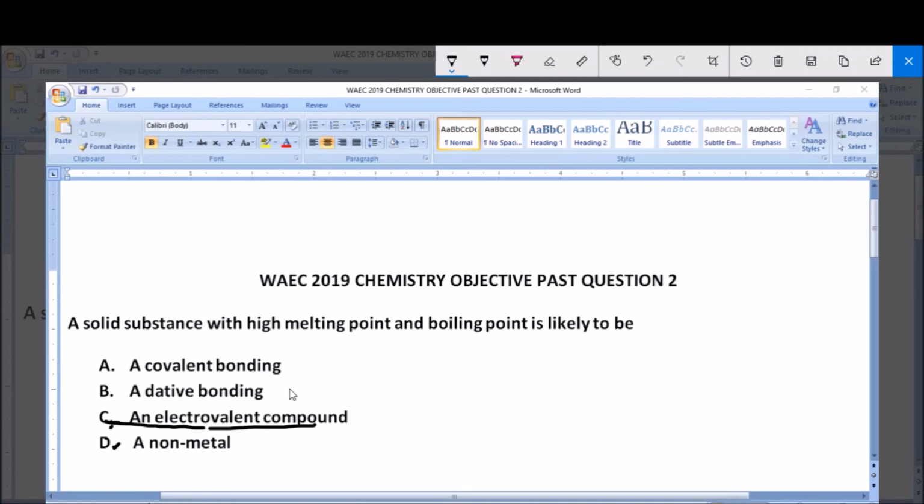Due to these strong bonds, the melting points and boiling points are usually high, and they are mostly solids. So that's an important fact to note. Electrovalent compound is the answer to the question.